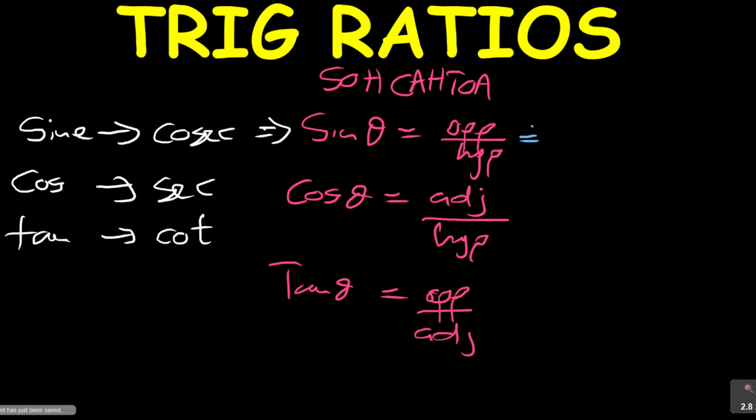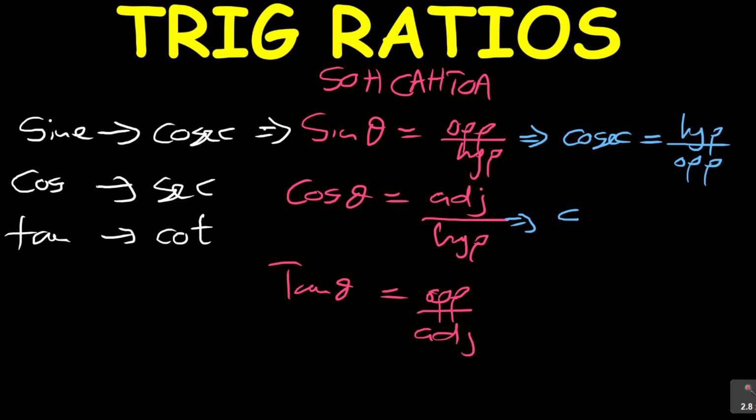Now the inverse, as I said, sine means cosec. So sine is linked to cosec, right? Now cosec, when you're talking about the inverse, means hypotenuse over opposite. So that's the formula for finding cosec. What about for cos?